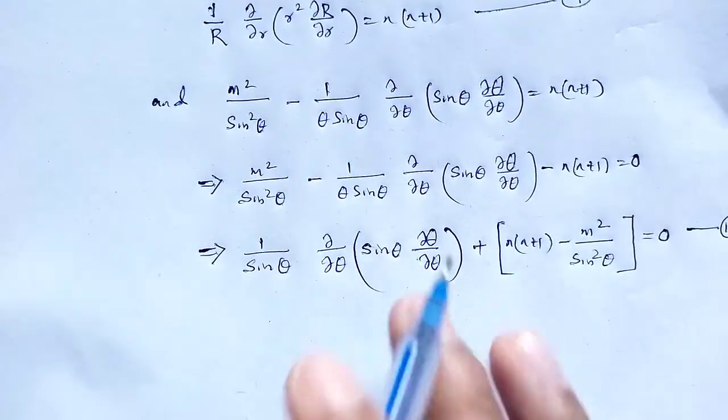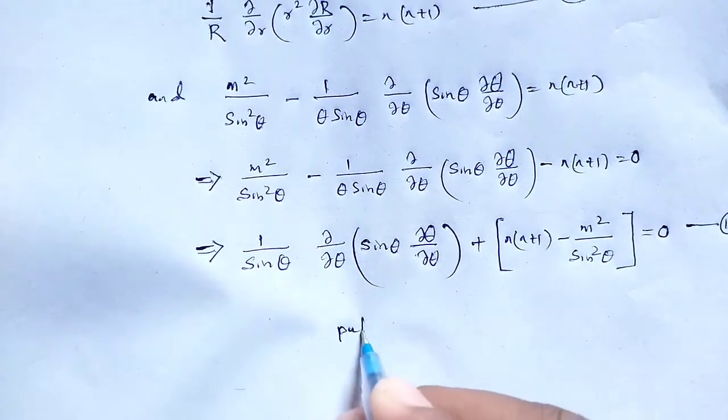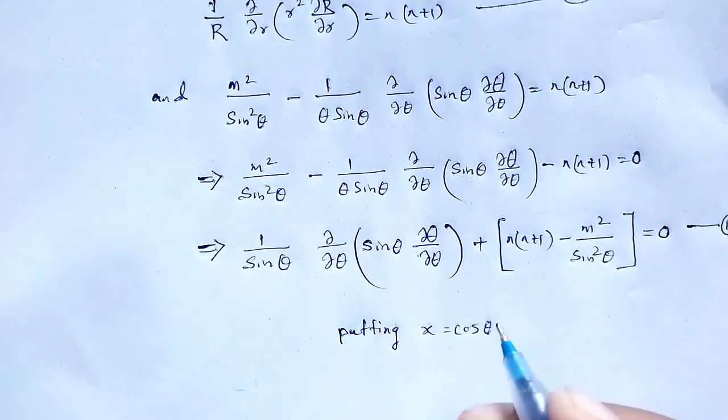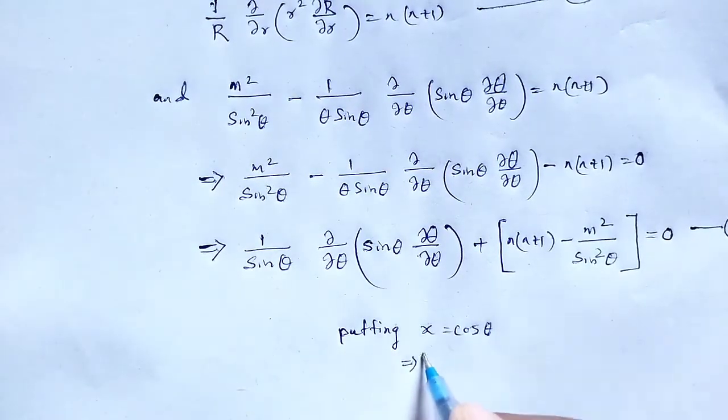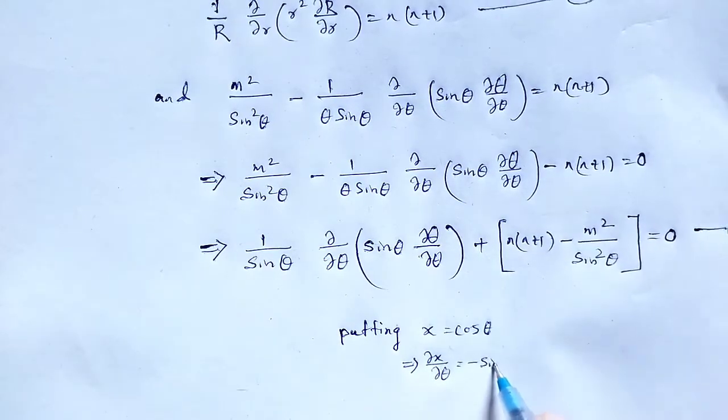To solve that one, we prefer putting x is equal to cos theta, which implies del x by del theta is equal to minus sin theta.